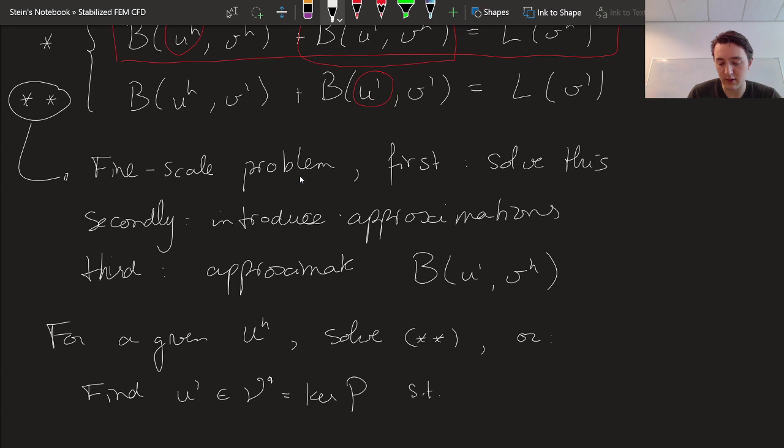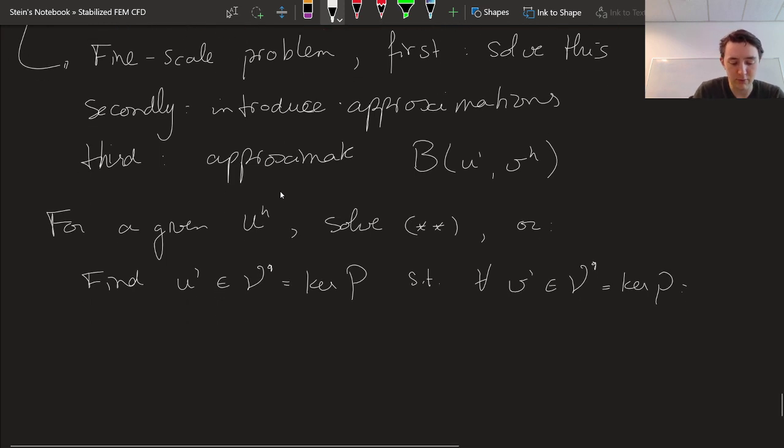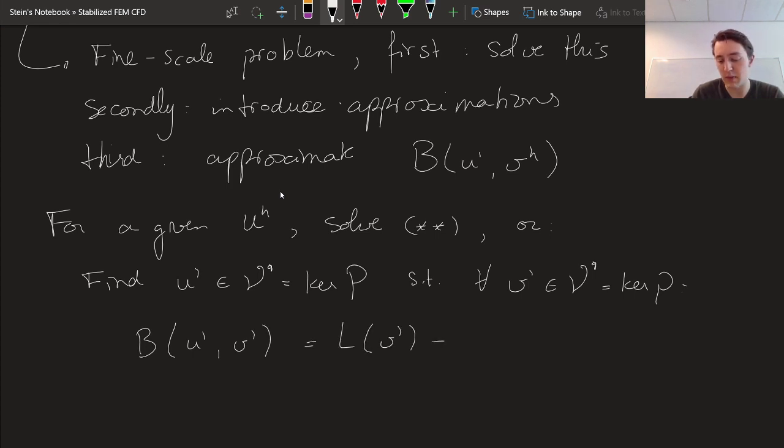Such that for all V prime in V prime, we have B(U prime, V prime) is equal to L(V prime) minus B(UH, V prime). And this we will define to be a residual.